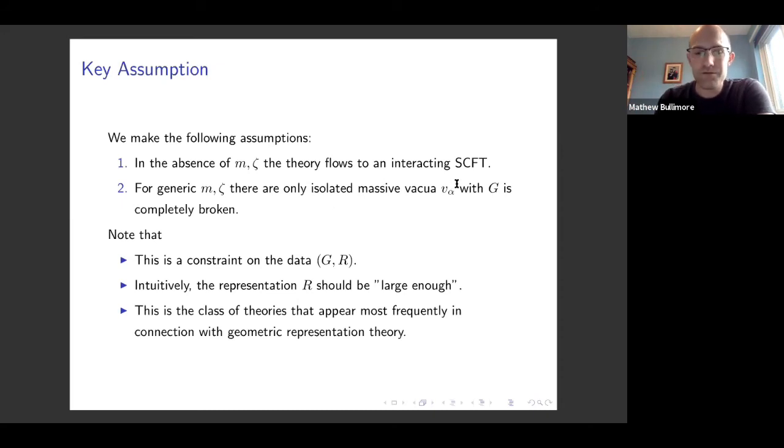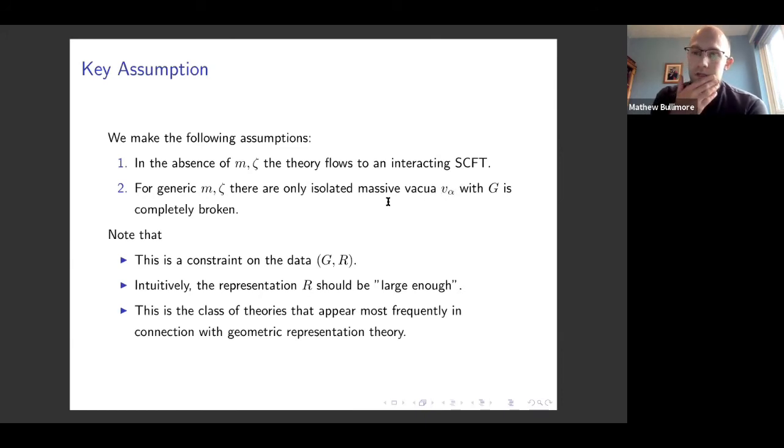And moreover, in each of those vacua, the gauge symmetry G is completely broken. So there aren't going to be any discrete unbroken subgroups or anything like that. So these vacua are all isolated, massive vacua. All of the fluctuations are massive. And so I'll label them by V and an index alpha. So the alpha will be a discrete index.